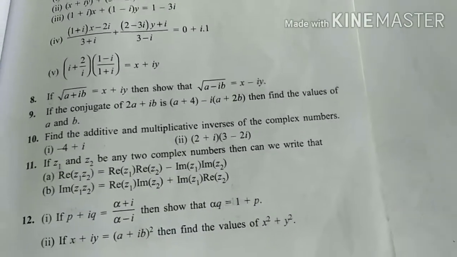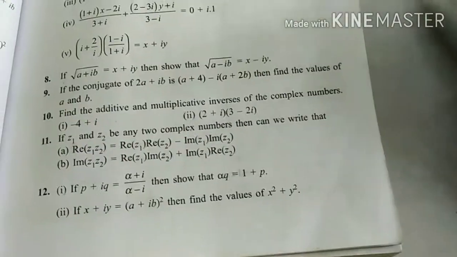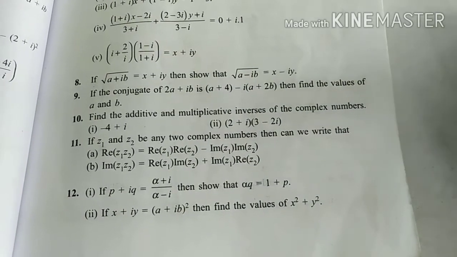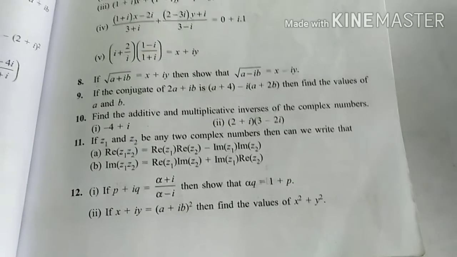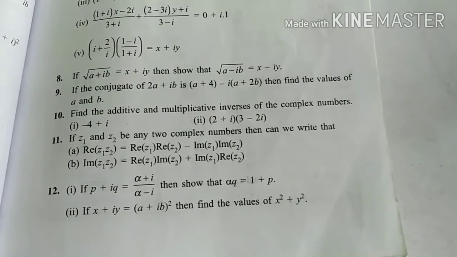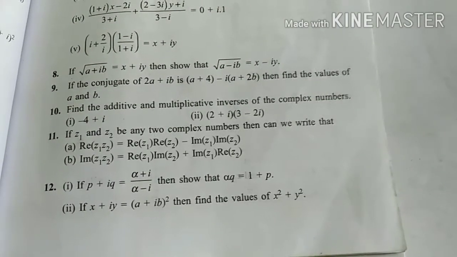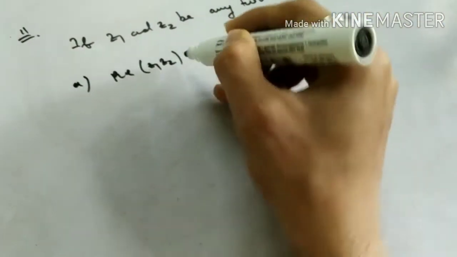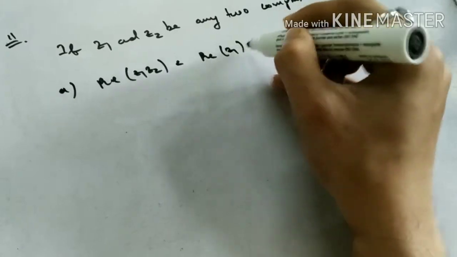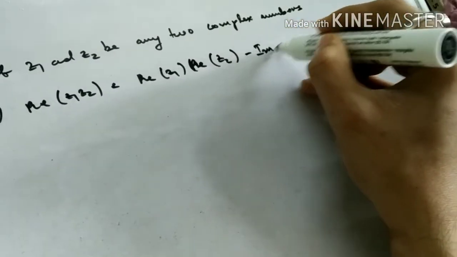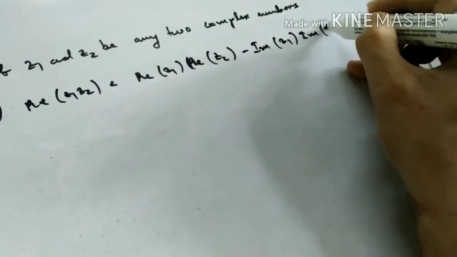So next one, you see question number 11. Question number 11 says that if Z1 and Z2 are any two complex numbers, then we can write that (a) Re(Z1 Z2) equals Re Z1 Re Z2 minus Im Z1 into Im Z2.